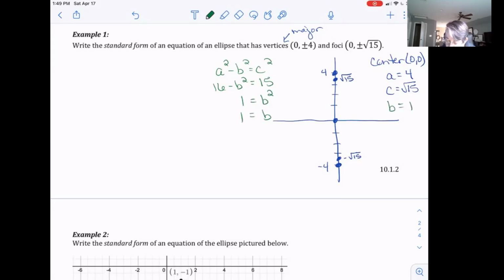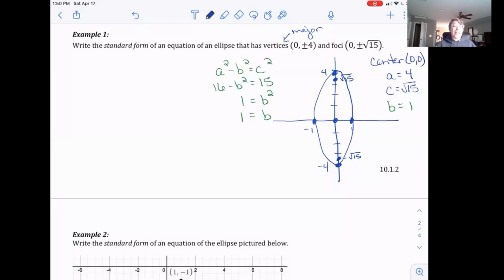That also tells me, if I were to draw it, they didn't ask me to, but if I were to draw it, I know on my minor axis, I only go out to 1 and -1. So that's what my ellipse would look like. And it's supposed to be curvy and symmetrical, but we're just kind of sketching it.